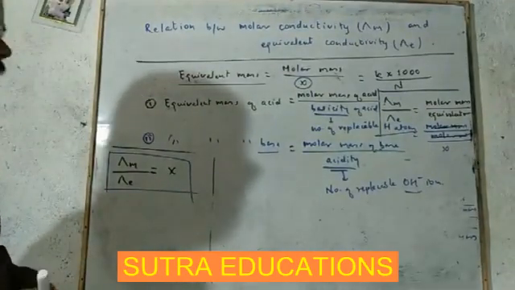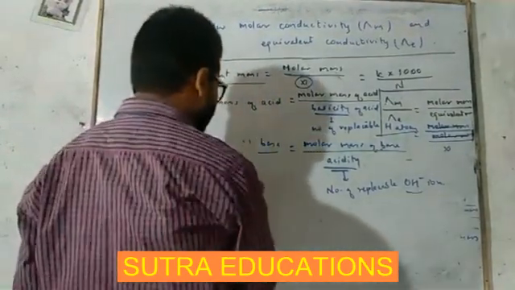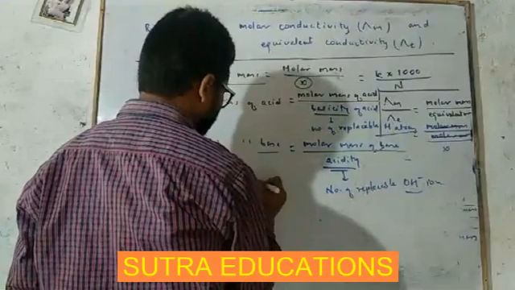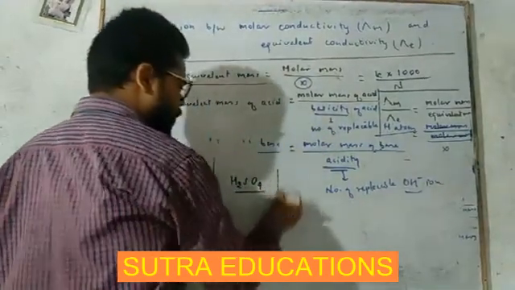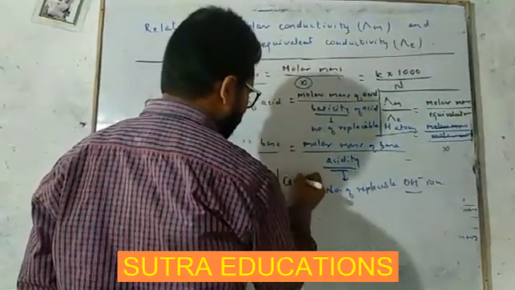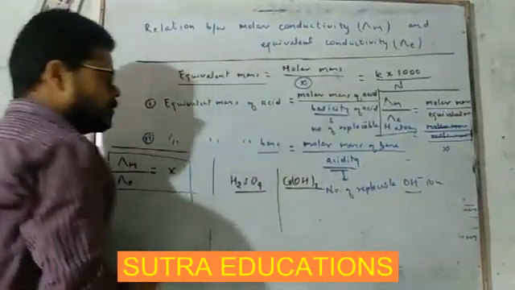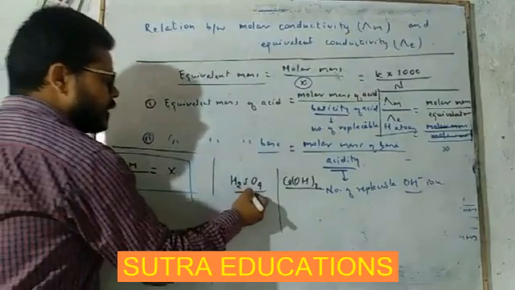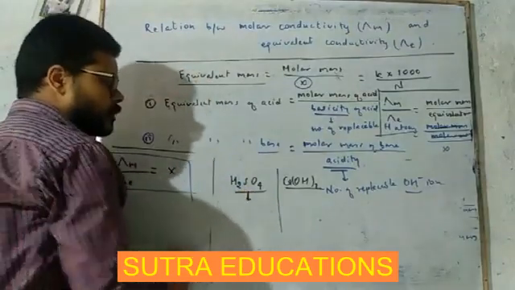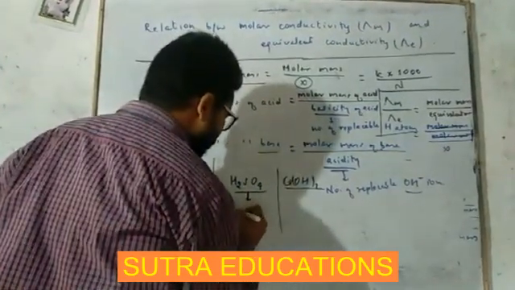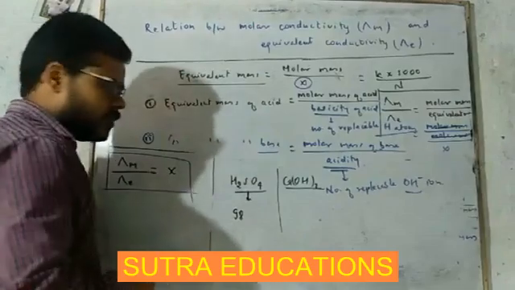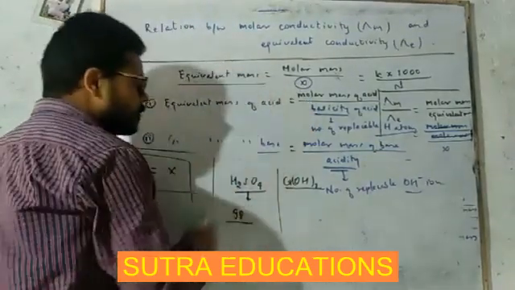For example, if I have H2SO4 as acid and Ca(OH)2 as base, and I am asked about the equivalent mass of H2SO4, it will be 98, which is the molar mass of sulfuric acid, upon its basicity.